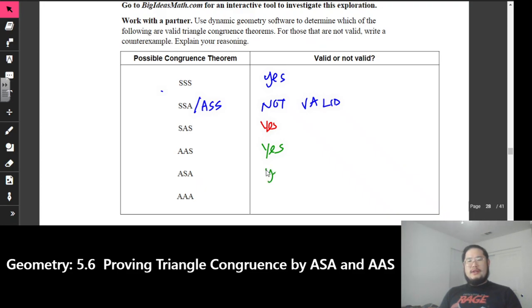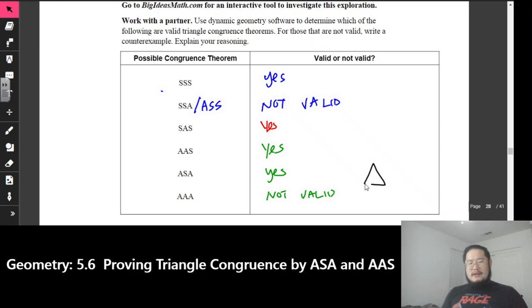That is also another thing that we're learning today. That is yes. And then we have AAA. Well, maybe if you need to find a roadmap or you need to change your tire, that'll be a valid congruence theorem. But right here, not valid.